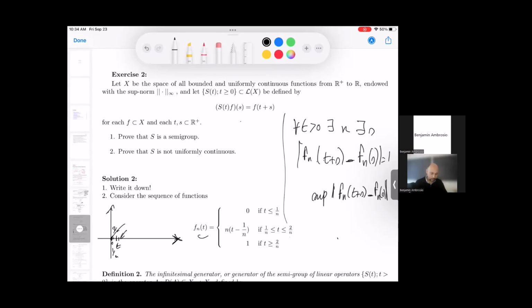Because this function is like that. So we get that, and this is the function. All right.